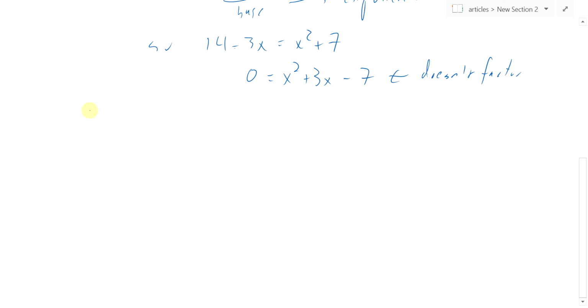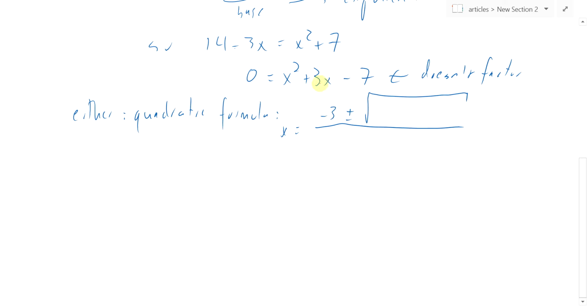So there's two ways to deal with this. Either the quadratic formula, which is pretty much the faster way. X equals negative b plus or minus the square root of b squared, so that's 9, minus 4ac.